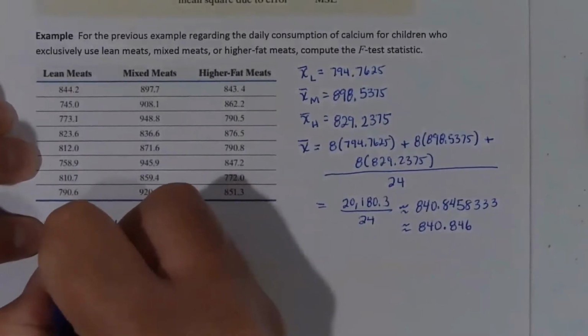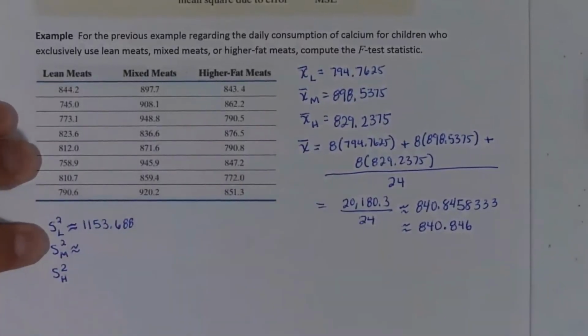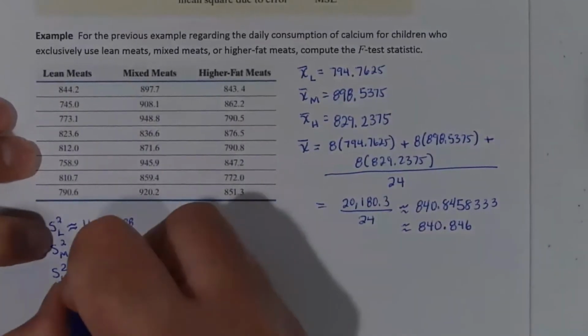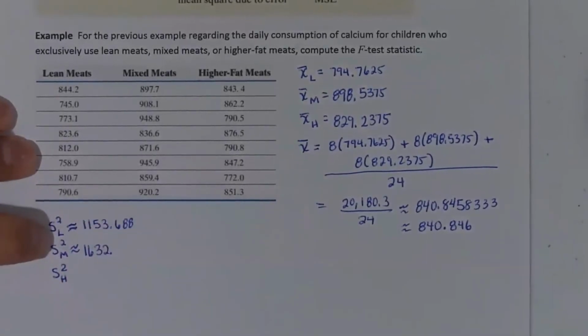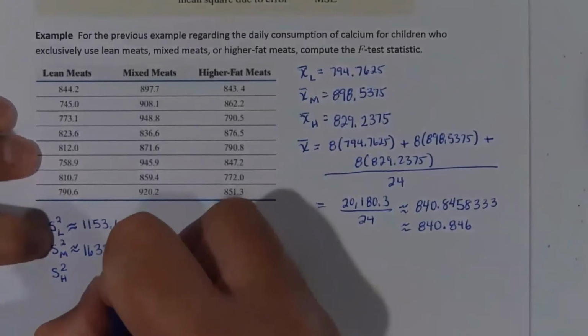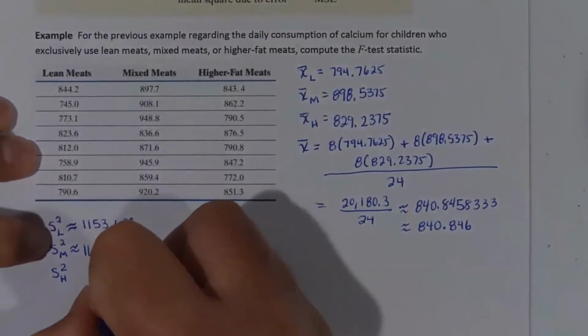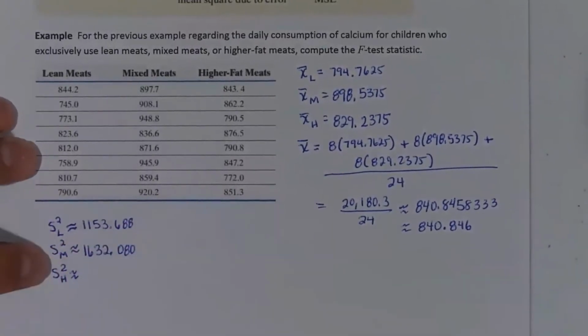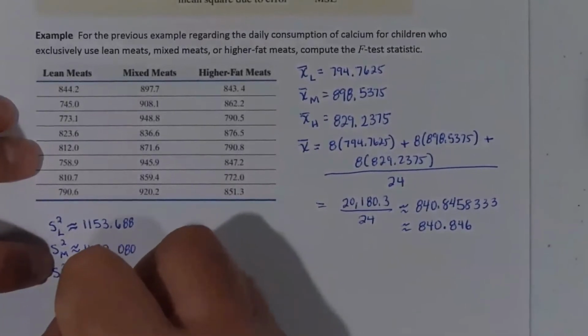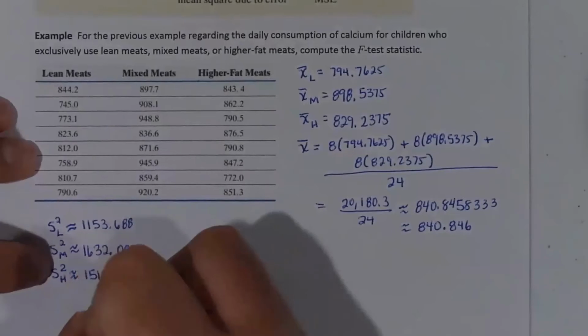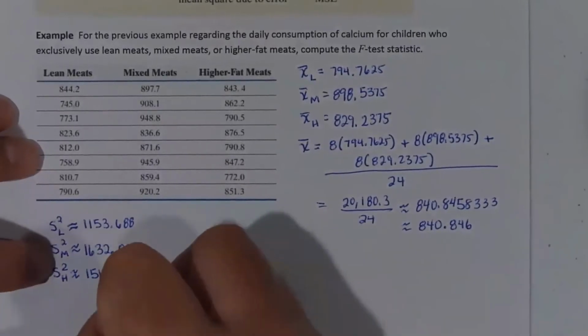Again, my rounding is going to give me a little bit of error in my F statistic, but it's not going to be significant. The variance for the mixed meats is 1,632.080 if I round to 3 places. And for the high fat meats, the variance is 1,512.060.